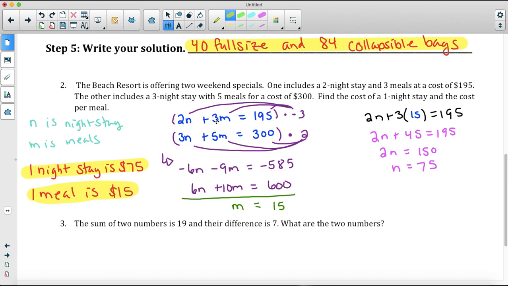Or I would have had to divide by 3 to get m by itself, and I know 2 is not divisible by 3. Same thing on this bottom equation. If I had solved for n, I would have had to divide by 3. 5 is not divisible by 3. Or if I solved for m, I would have had to divide by 3 in the end, and I know that 3 is not divisible by 5. So that's why I chose to use elimination.